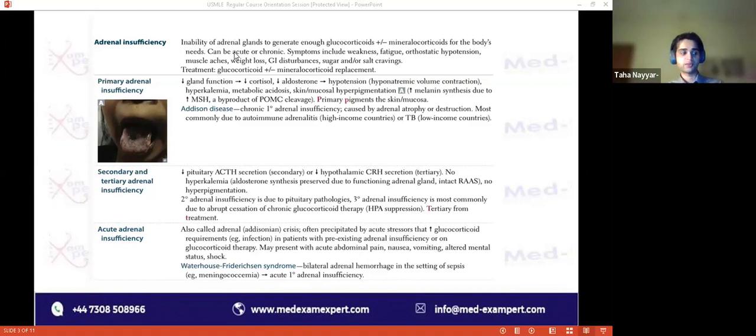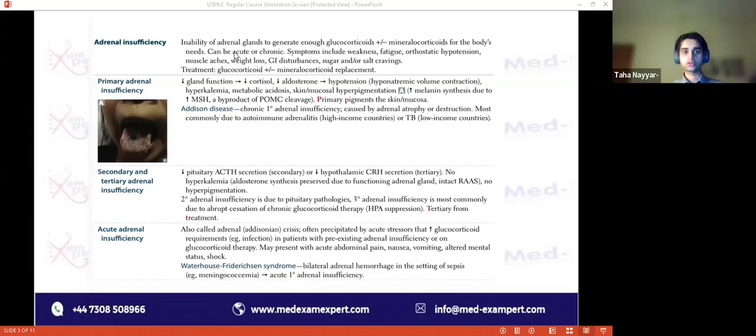Now they'll tell you that this patient was on steroids for quite a long period of time, and then suddenly either the steroids stopped or this patient had some stressor, like a surgery or a disease. So his cortisol requirement is now increased, but because by giving exogenous steroids we have inhibited his hypothalamus pituitary axis, this patient cannot increase the production of cortisol on his own.